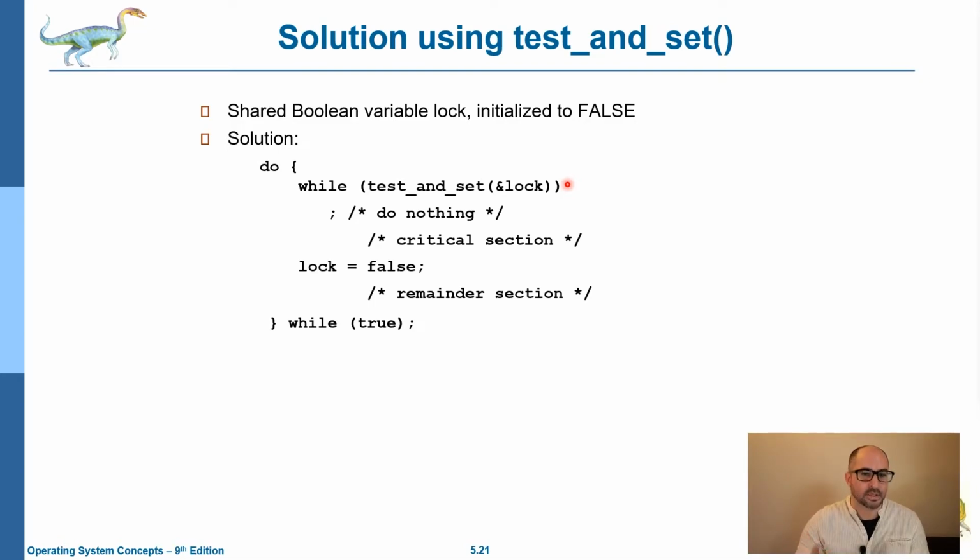Only one of the processes can receive the false value. The rest will see it as true because they took place later. As it progresses, the only process that sets lock to false is the one that was able to find it false in the first place, so it sets the value to false and resumes. The next process that comes along will test that variable to see if it's false, find it false, and proceed through the critical section.